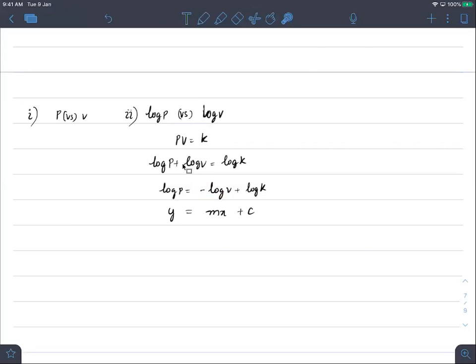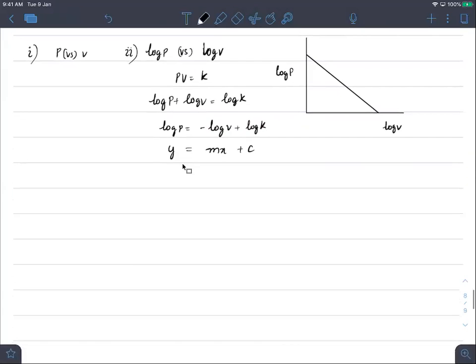So it is a negative slope, and this is a positive y-intercept. Negative slope and positive y-intercept tell us that if you plot log P versus log V, the graph would look something like this.